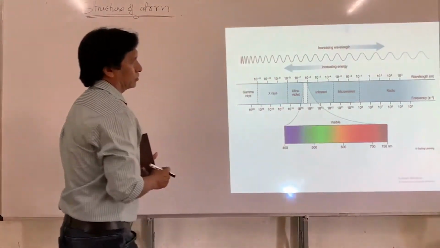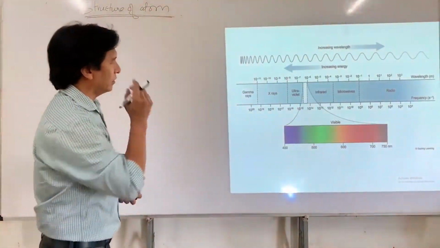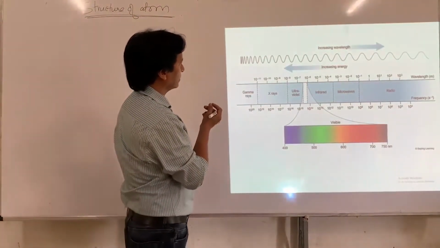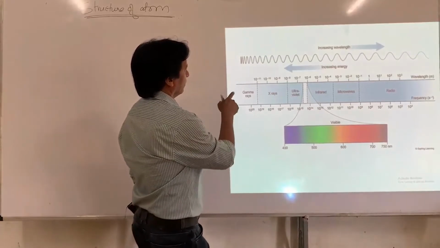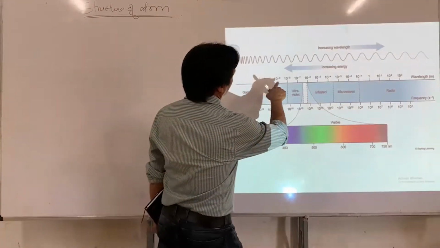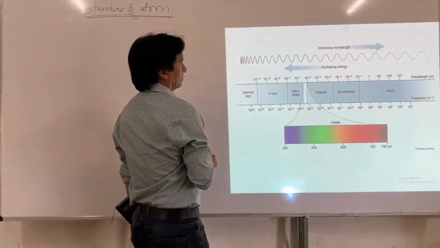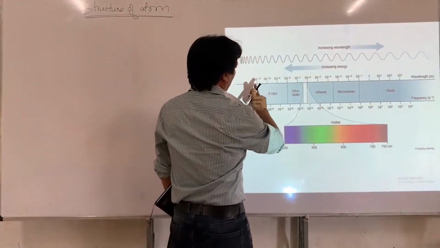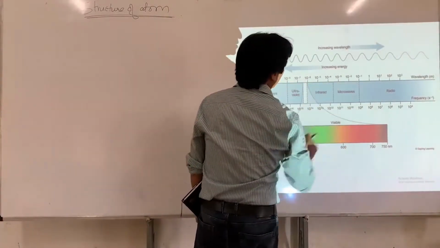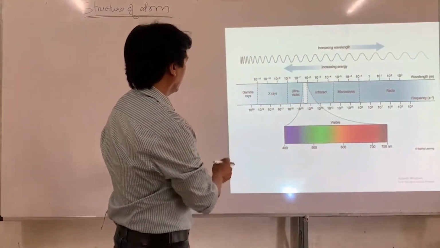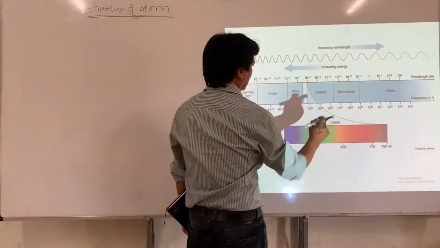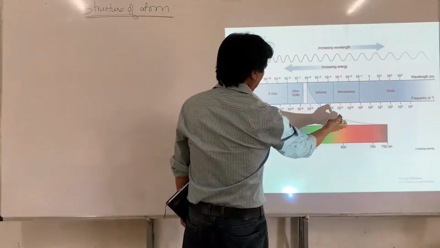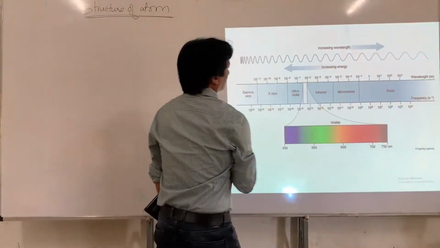So this is the electromagnetic spectrum, and in this picture you see the wavelengths written in meters, increasing. And at the bottom you are given the frequencies, which you will see decreasing in this order.